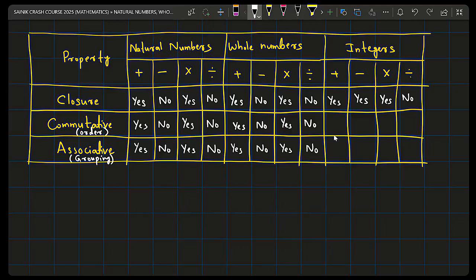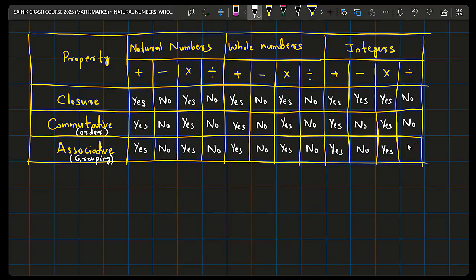Commutative property under addition, yes. Subtraction, no. Multiplication, yes. Division, no. Associative property for integers under addition, yes. Multiplication, no. I'm sorry, subtraction, no. Multiplication, yes.